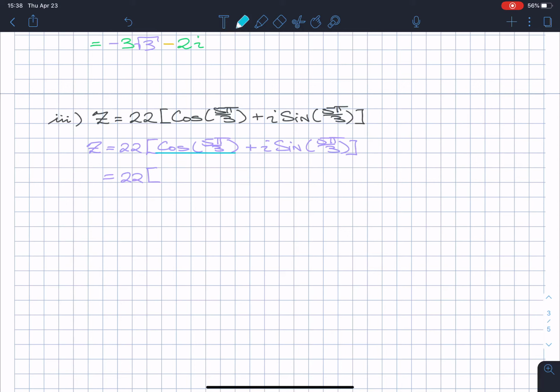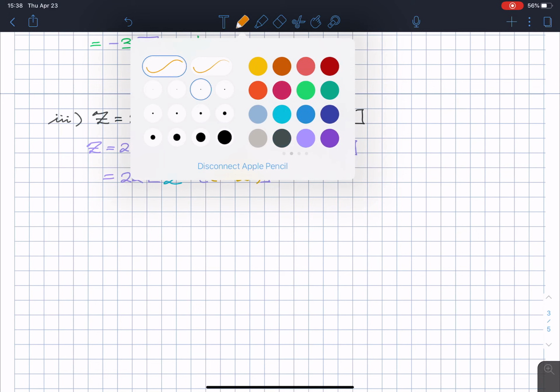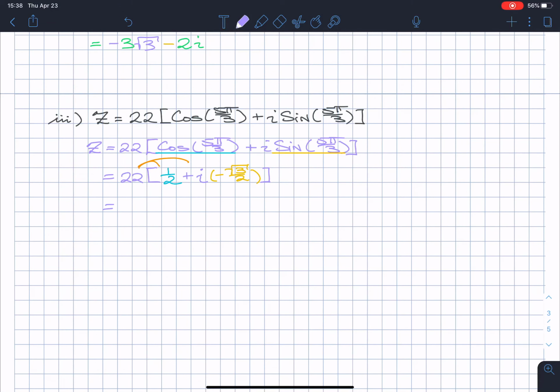So cosine is positive, and it is 1/2. Plus I. Now sine of 5 pi over 3 in quadrant 4 will be negative, and it is negative root 3 over 2. Okay, so distributing the 22 inside, we end up with 22 divided by 2 is 11. Then minus 22 divided by 2 is also 11, so 11 times the square root of 3 times I. And there we are. That's what it is in standard form.